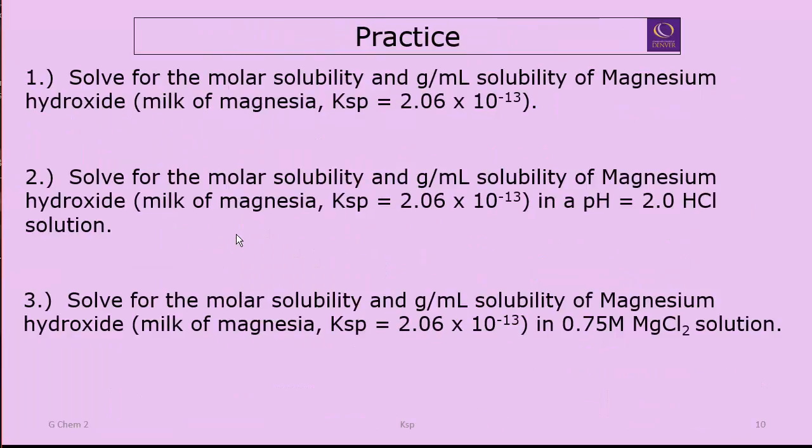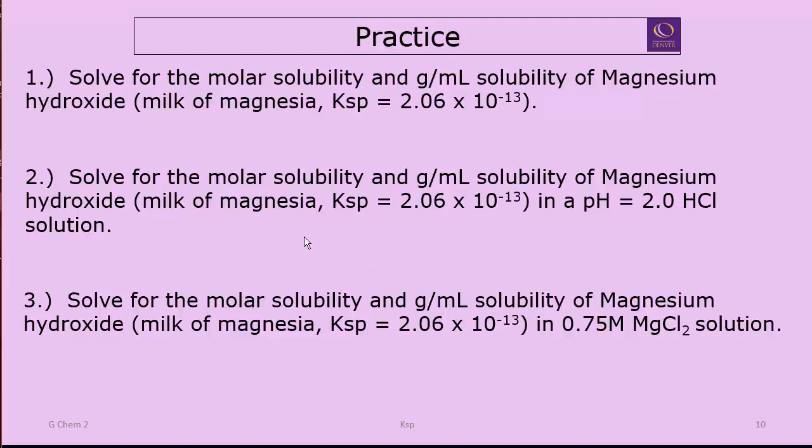So here's 3 problems for you to practice. Number 1, solve for the molar solubility in grams per mil. Now keep in mind we've been doing grams per liter, so adjust to milliliters. Do that for the solubility of magnesium hydroxide, which is also commonly called milk of magnesia. It's a very insoluble hydroxide.